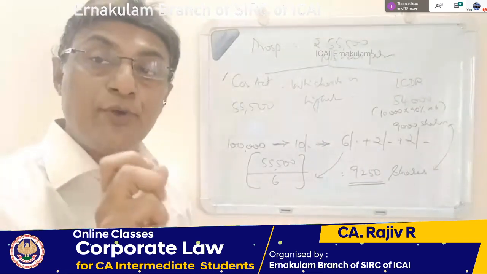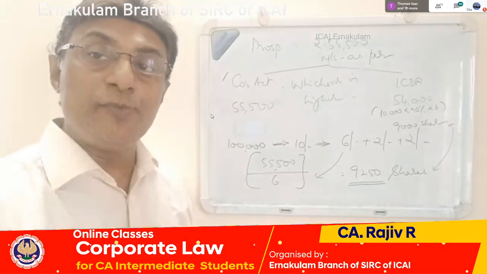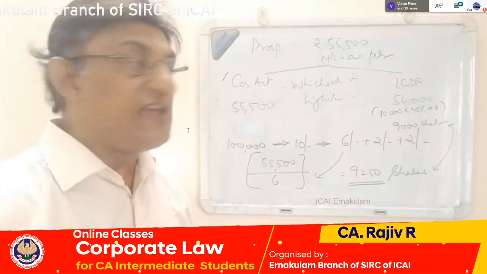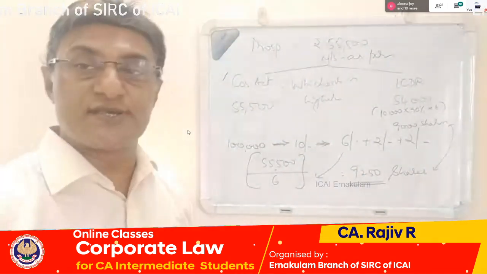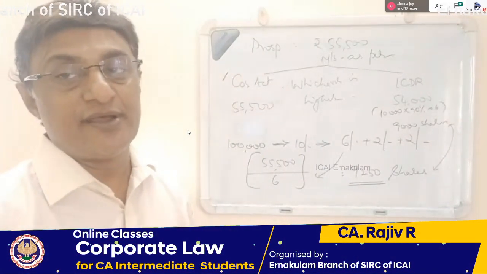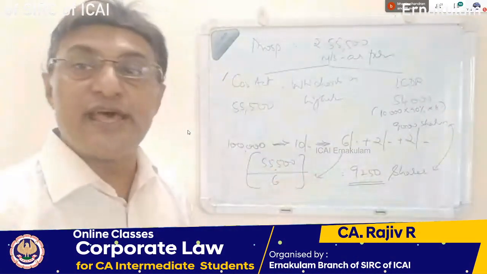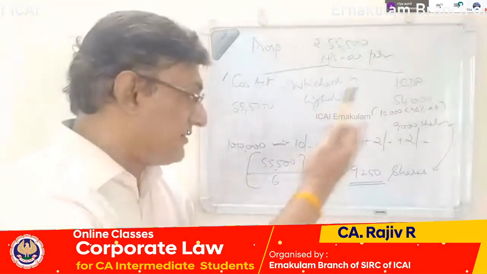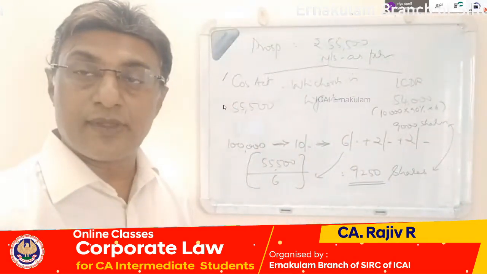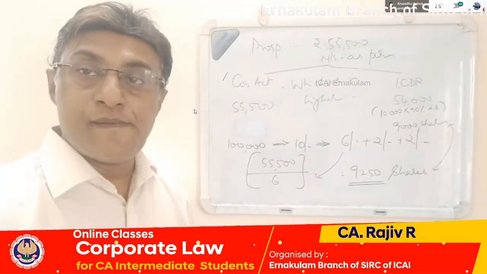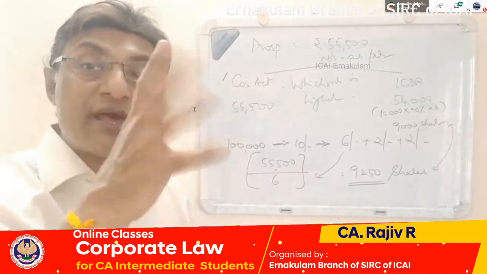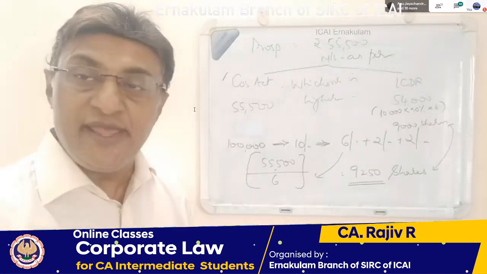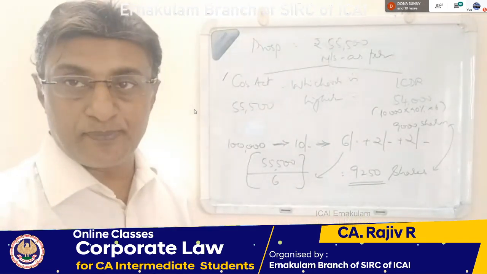So here, the computation is amount being given, number of shares to be determined. If minimum subscription in terms of rupees is 55,500, in terms of number of shares, it is 9,250. We have worked back, given the number 6. Clear? So you should be flexible both ways, irrespective of whether it's in terms of money or in terms of number of shares.